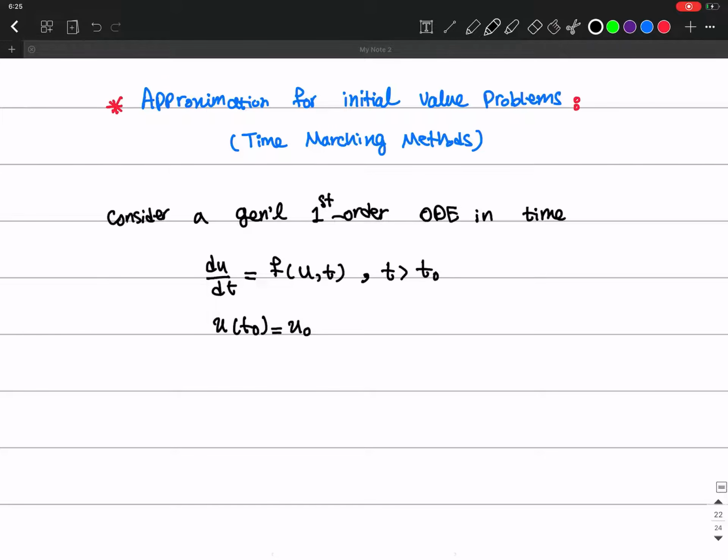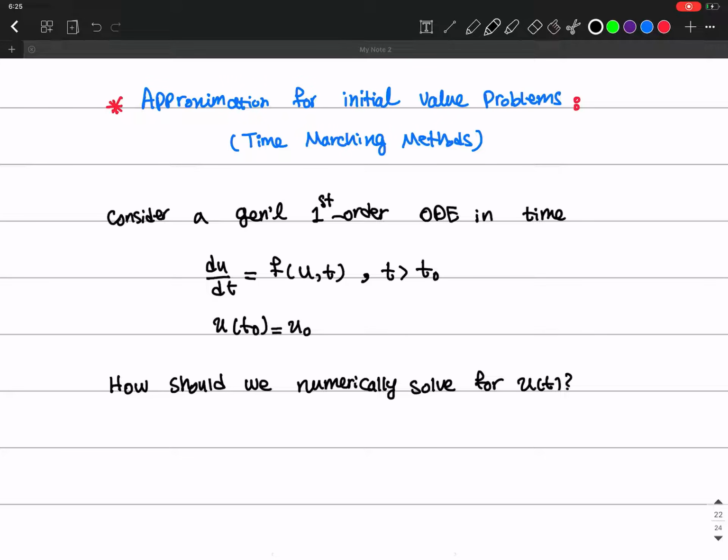So the question is, how should we numerically solve for u of t?